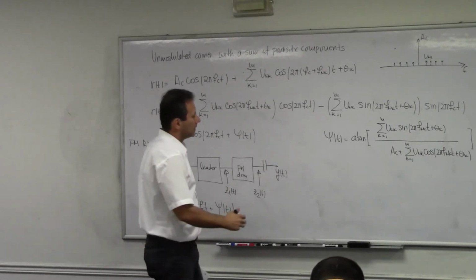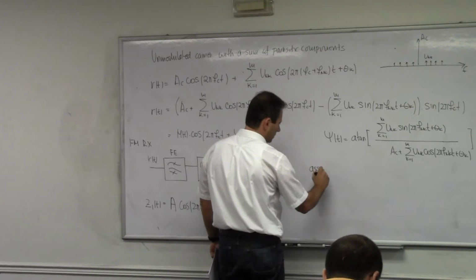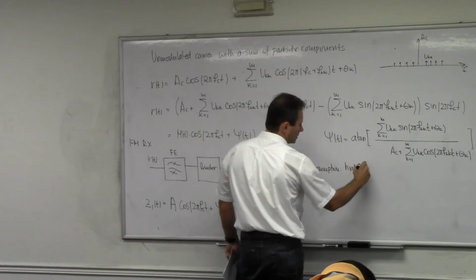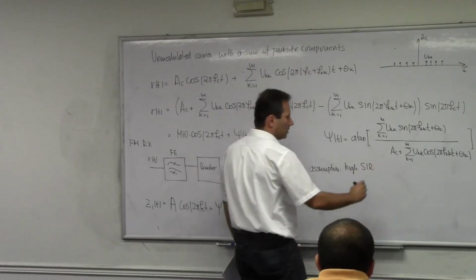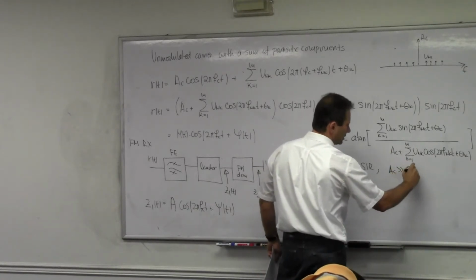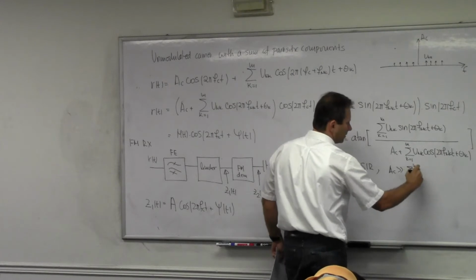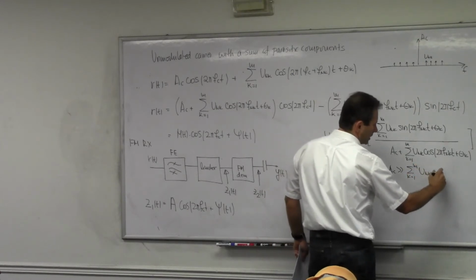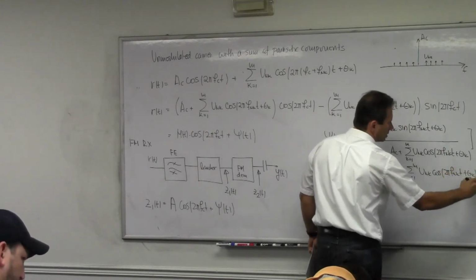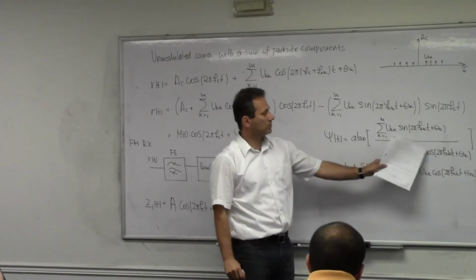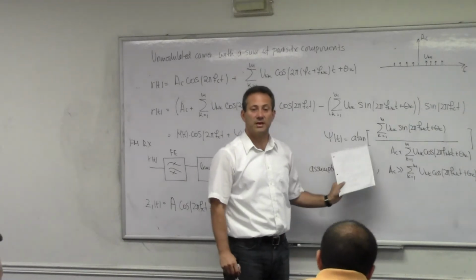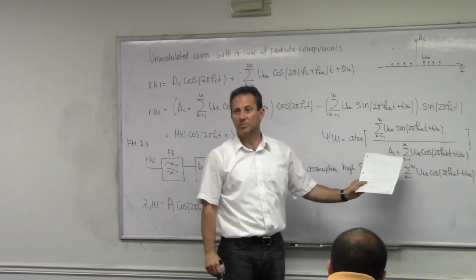Now, under the assumption of high signal to interference ratio, your A_c is much greater than this thing. So A_c is much greater than sum k goes from 1 to n A_nk cosine 2 pi f_nk t plus theta k. So under this assumption, you can neglect this whole summation relative to the A_c. A_c comes inside, this whole term upstairs is small, so arctangent of something small is whatever that small is.